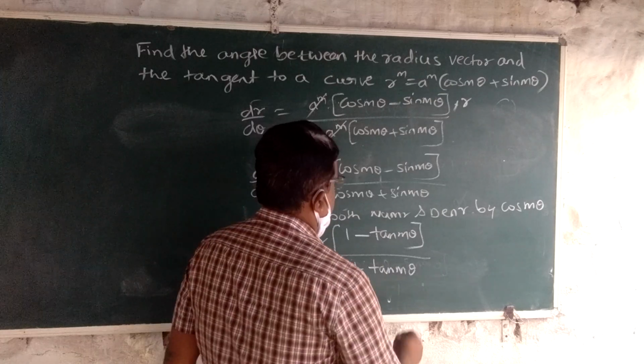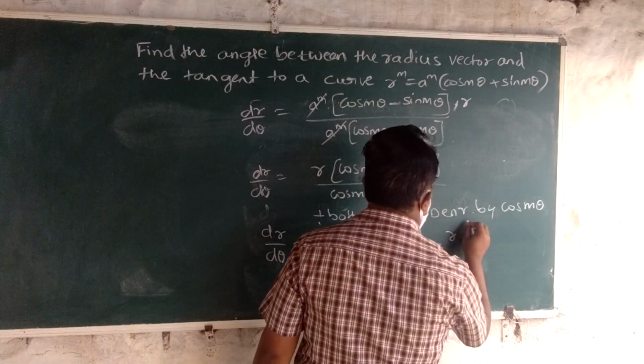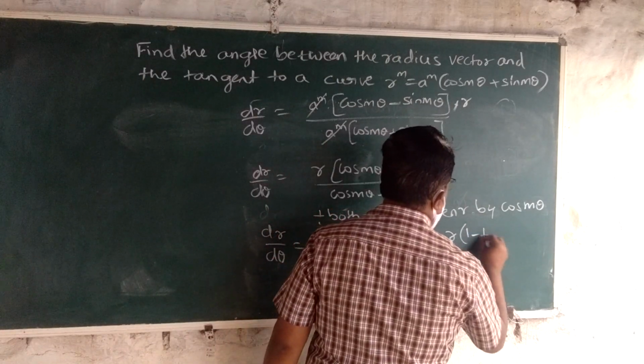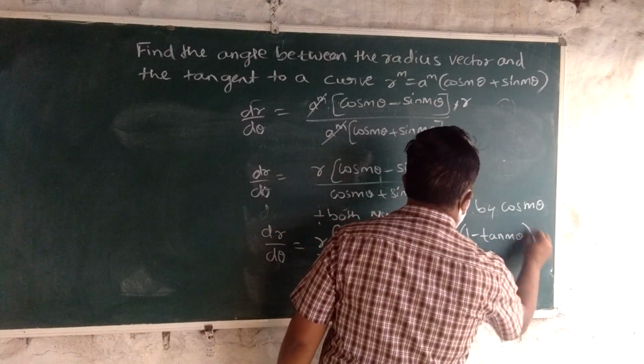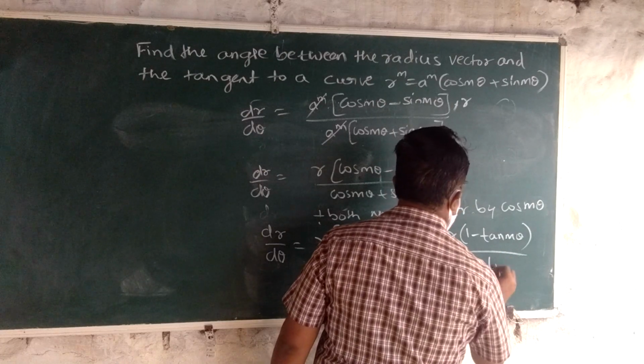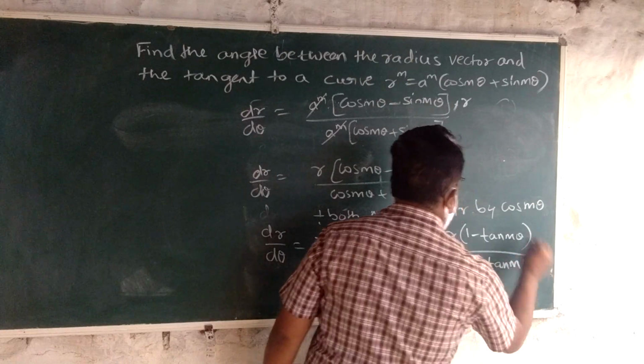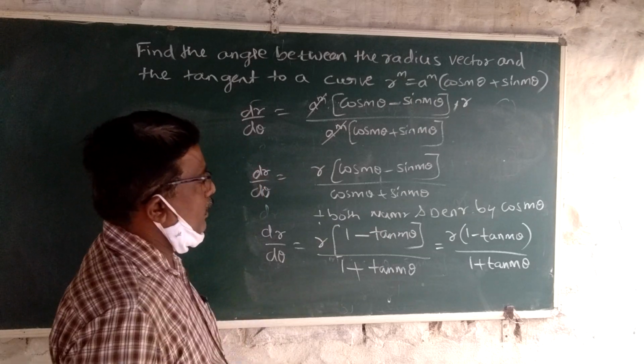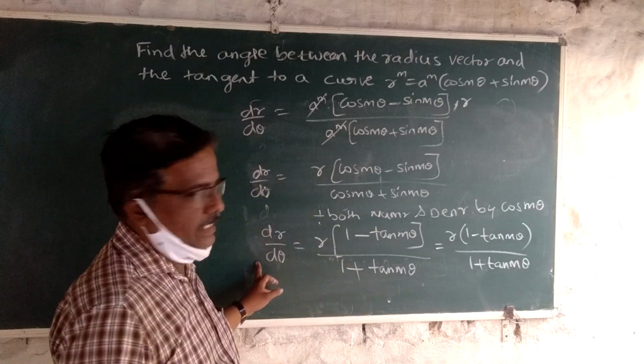So this can be written as r into (1 minus tan m theta) divided by (1 plus tan m theta). This is dr by d theta.